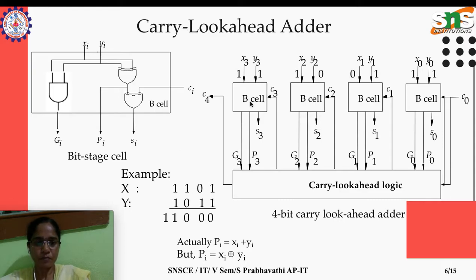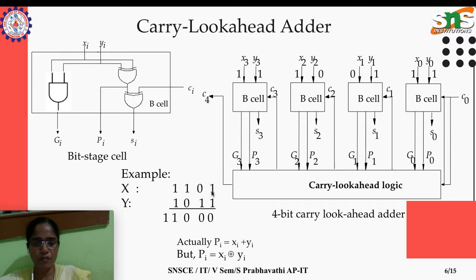Take an example, x and y, 4-bit binary numbers. X is 1101, y is 1011. So this value is x naught, x1, x2, x3, and this is y naught, y1, y2, y3, and we are going to perform the addition operation.